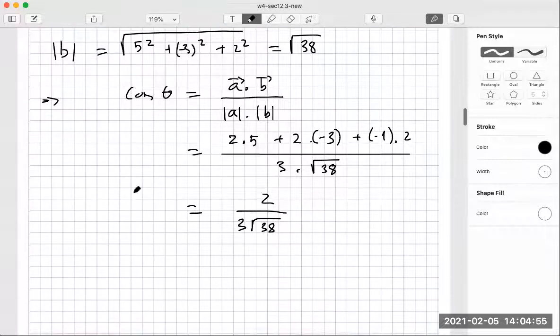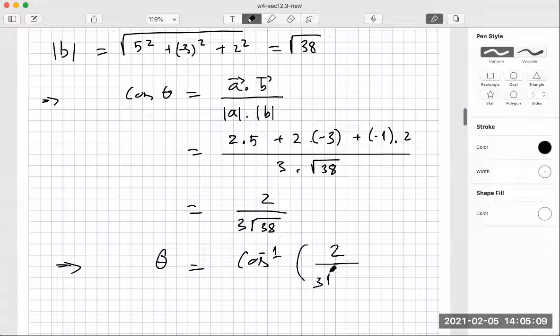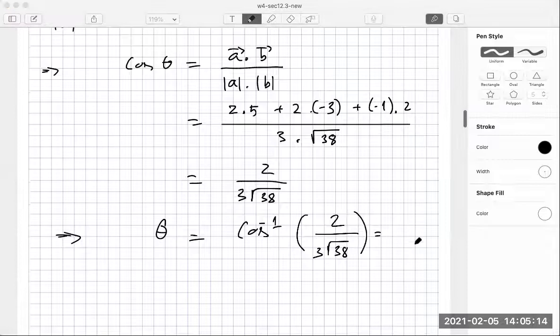Then, therefore, we take the inverse function, right? The inverse of cosine on the left-hand side, and the right will be 2 over 3 square root of 38. Remember, when you use your calculator, it is computed in radians. Remember to double check it. Then the angle theta, try it yourself and double check.